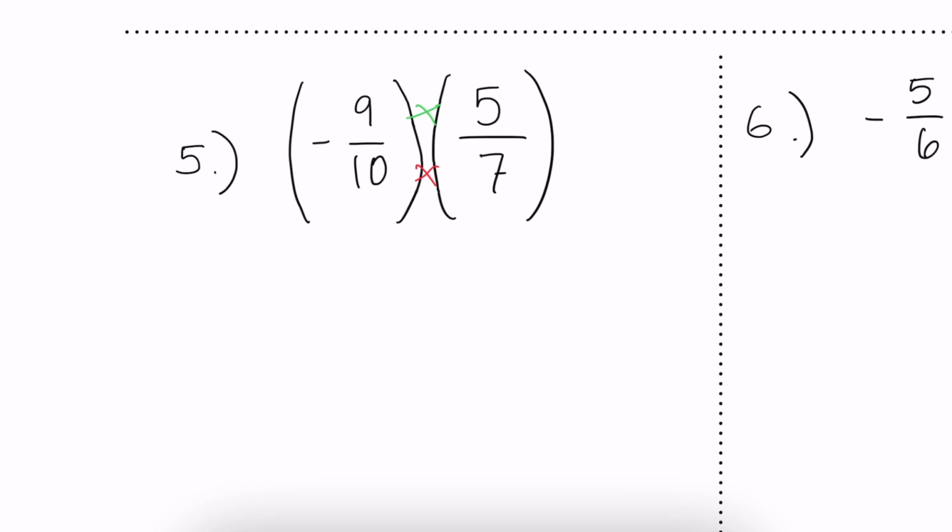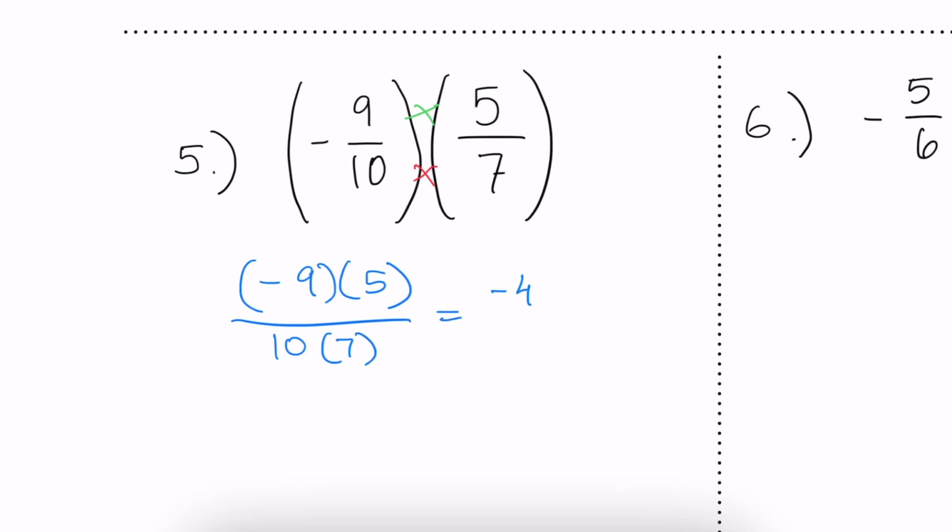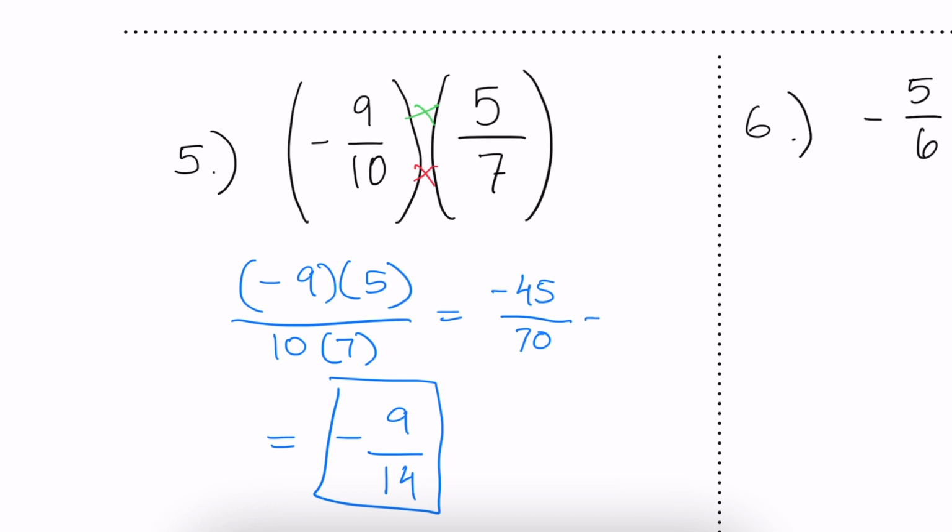So here we're going to get negative 9 times 5 over 10 times 7, which is equal to negative 45 over 70. And once you simplify this, it should get you negative 9 over 14, because both the numerator and the denominator are divisible by 5, and that'll give you that simplified answer.